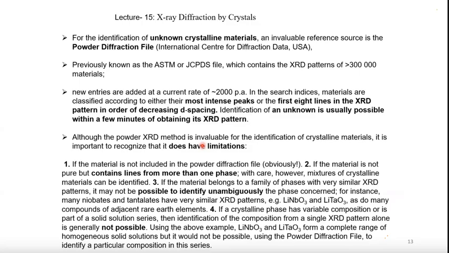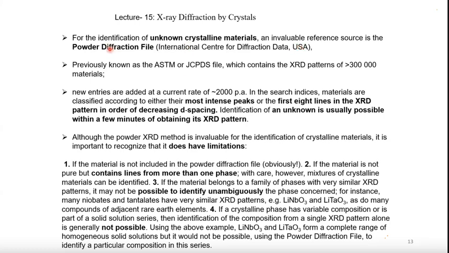Then we have to consider how to analyze the diffraction pattern of materials, the identification of unknown crystalline materials. We have a very valuable reference source for this, which is the powder diffraction file from the International Center for Diffraction Data, in short ICDD, in the USA.